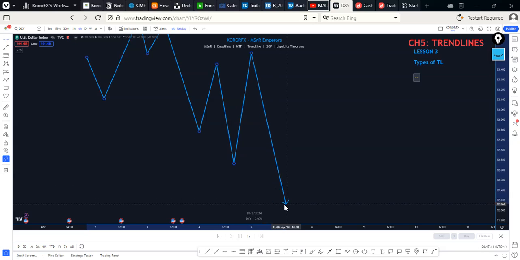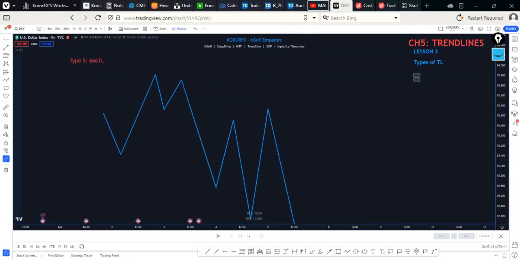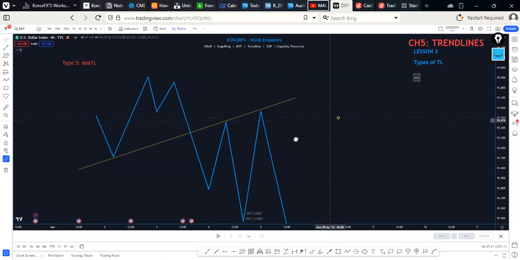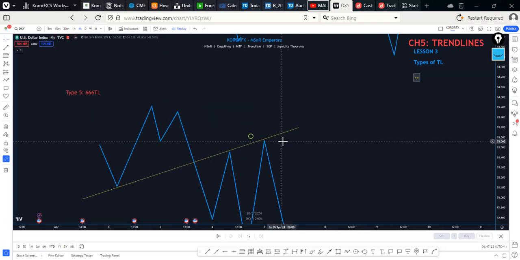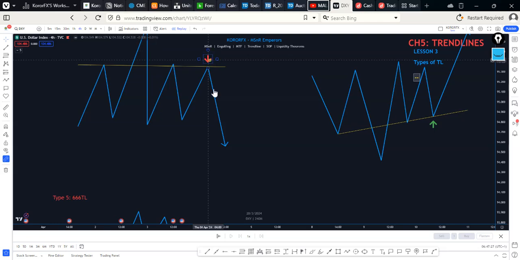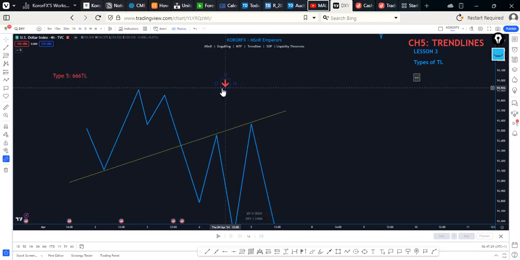So that's exactly where price is forming the 66L. So you can see it's a reversal pattern. Anyway, it's a reversal pattern, and this type of trend line is also giving selling opportunities like this one.